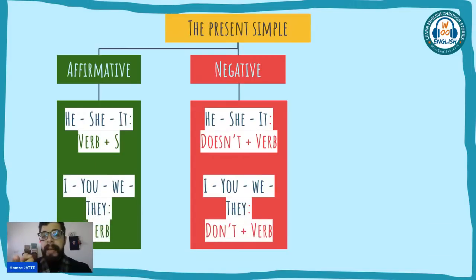So he, she, it doesn't, and I, you, the rest of the pronouns we say don't or do not. So, for example, I don't like singing. You don't like, or do not like. Yes, indeed. He, she, it doesn't like singing. We, you, they don't like singing.